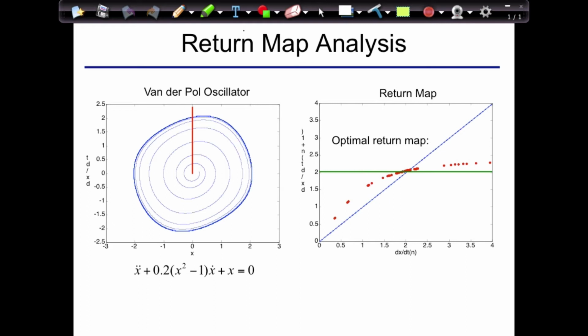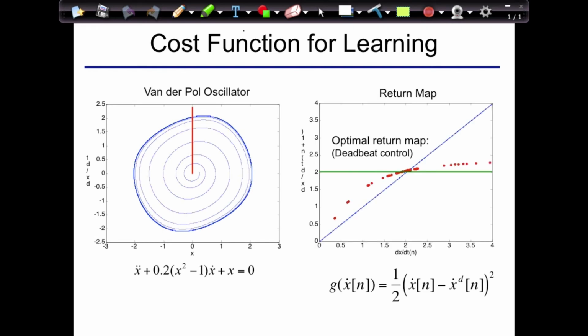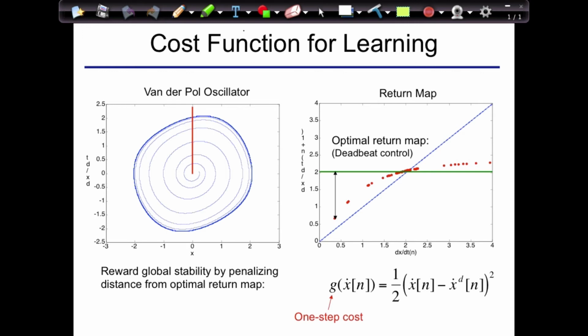So what I did for my cost function for walking was I penalized on each step. The one-step cost, every time the limit cycle came around, was just the Euclidean distance of the sampled return map from the optimal return map. Yeah? So I had some desired walking speed, and I'd look at that distance, and that was my one-step cost, additive cost formulation.